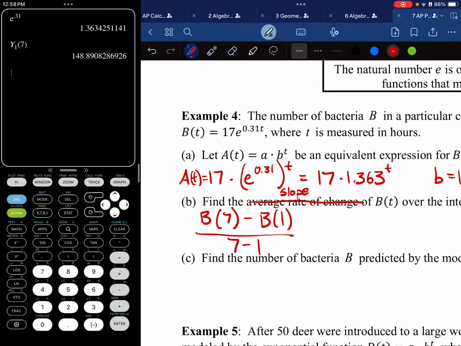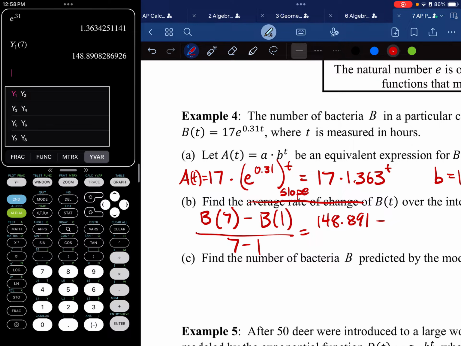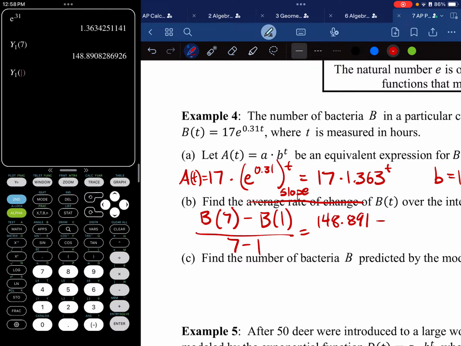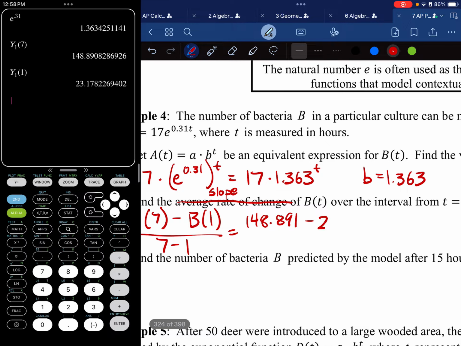And when I type that in, I get, write this down, 148.791 if I'm rounding. Minus, okay, I need to enter this next one in, so it's going to be alpha trace y1, start the parentheses, y1 of 1, and hit enter. And that's going to be 23.178. And that's all divided by 7 minus 1, which is 6.